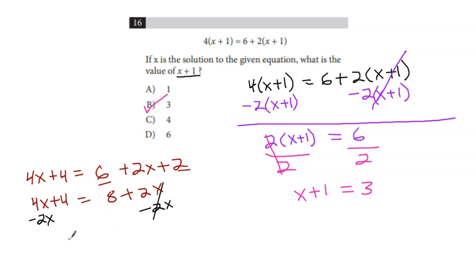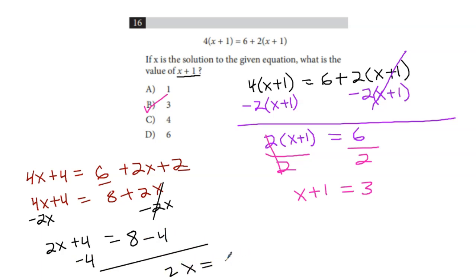This goes away, and that gives us 2x plus 4 equals 8. We subtract 4 from both sides, and that gives us 2x equals 4. We divide both sides by 2, and that gives us x equals 2. We are looking for x plus 1, so 2 plus 1 is 3, and that gives us the same answer.